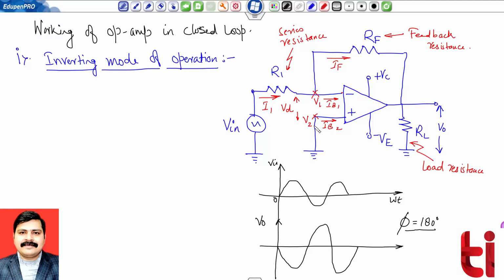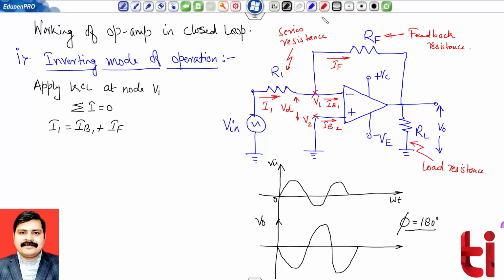Applying KCL at node V1. What is KCL? The algebraic summation of all currents at a particular node should be equal to 0. That means current I1 will be equal to current IB1 plus current IF.